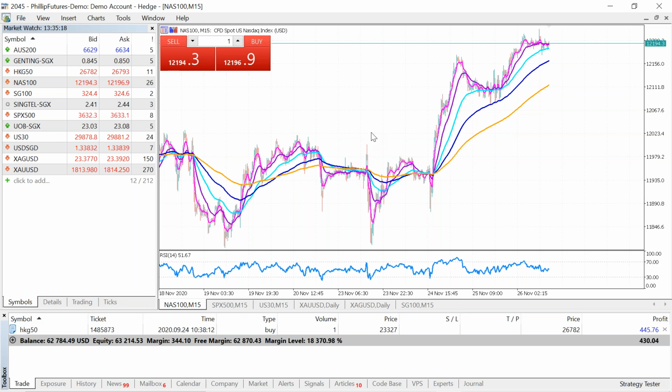So usually this is what we'll do. We can just look at the chart and analyze and say, okay, probably this is an uptrend. So this is what I would like to do today. So looking to buy, and it's either the 100 or the 200 line. Okay, so this is the Nasdaq 100.